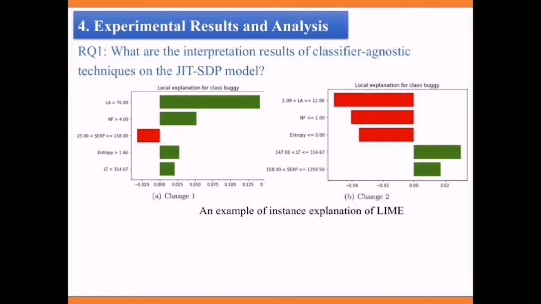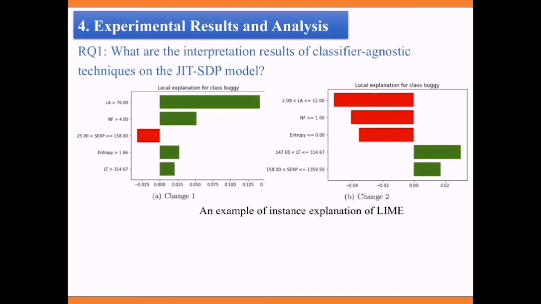The green bar indicates the feature that supports the change becoming buggy, and the red bar indicates the feature that supports the change being clean. It can be seen from the figure that the 3 most important factors for change 1 to be predicted as buggy are LA, NF, and entropy, and in the remaining 8% probability, the condition SEXP is the main factor for change 1 to have a clean probability.